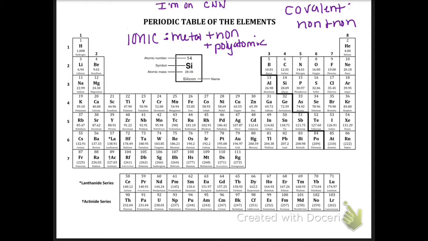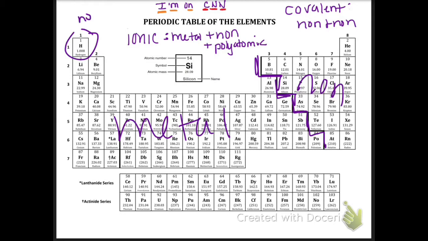So here you have your ionic compound, metal and non-metal, and over here you have covalent, a non-metal and a non-metal. Let's do another quick recap. This chart is separated by a staircase. Your non-metals are generally on this side and your metals are on this side, except hydrogen is a non-metal.